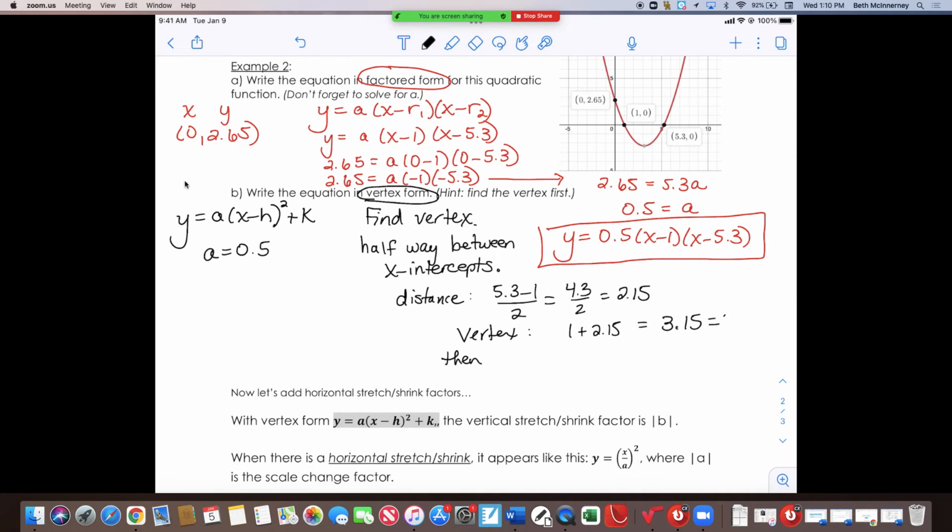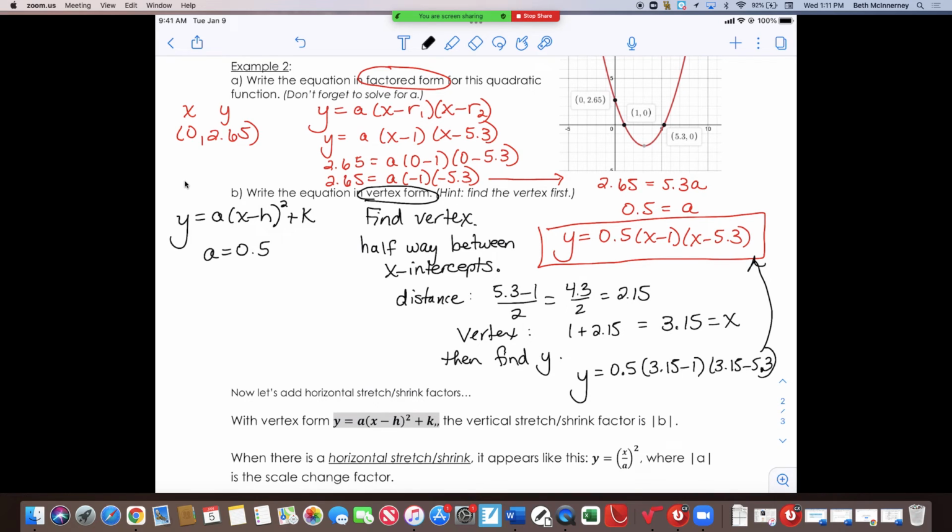And that's the x-coordinate. Then find the y value. So you plug it in up here, because then the only thing missing is y.